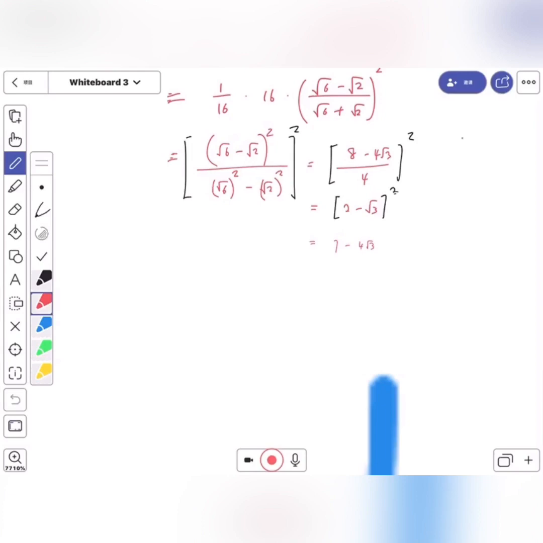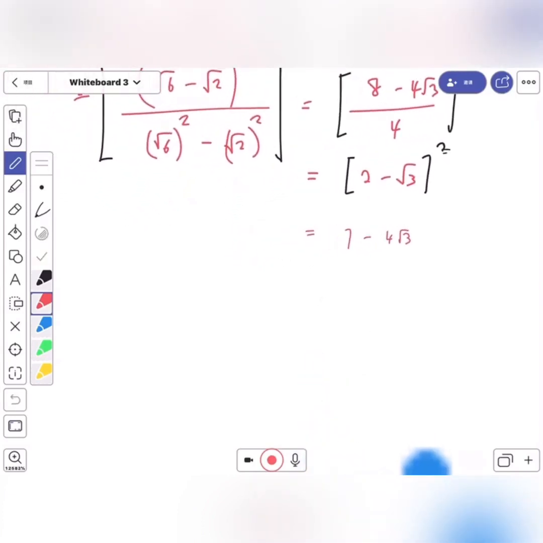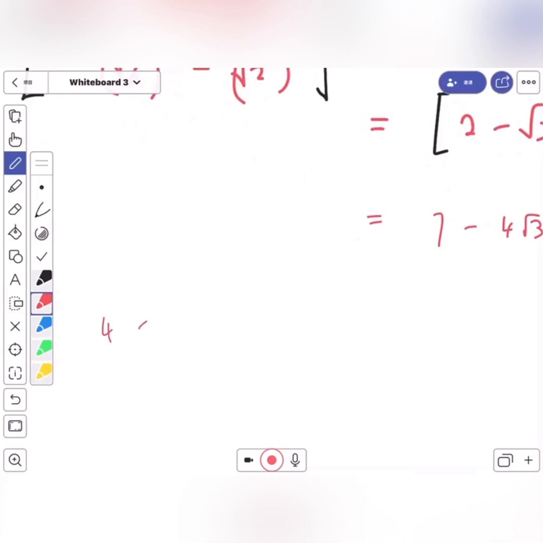But that is actually the area of one single triangle, but we want 4 of these triangles. That would be 4 times 7 minus 4 root 3, 28 minus 16 square root of 3.